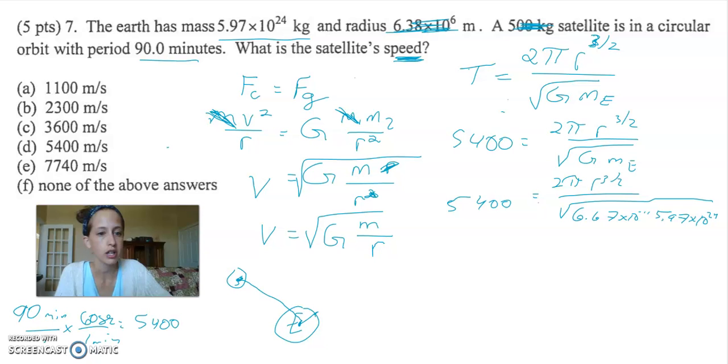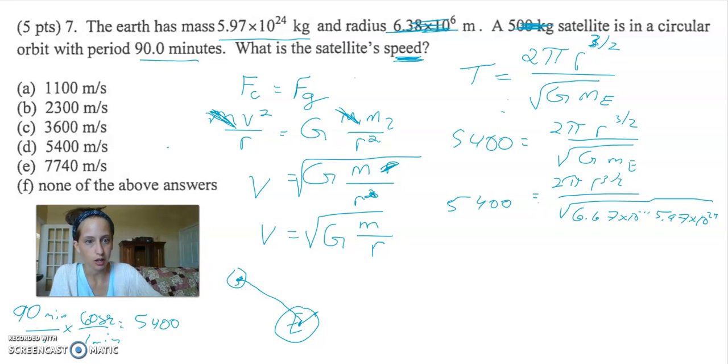One equation, one unknown. Let's do this. So 6.67 e to the negative 11 times 5.97 e to the 24. Take the root, multiply by 5400, divide by 2, divide by pi.